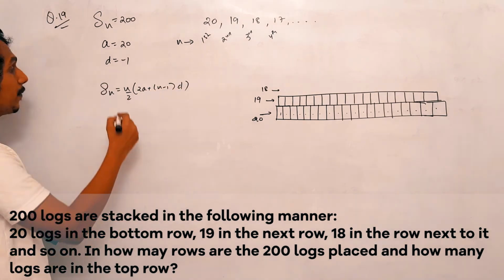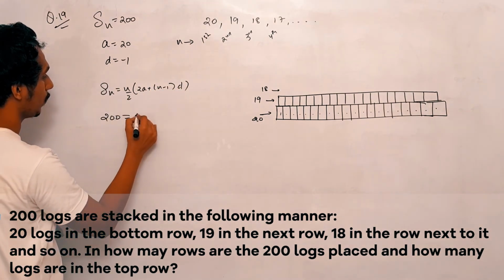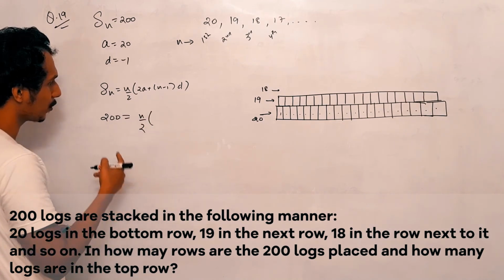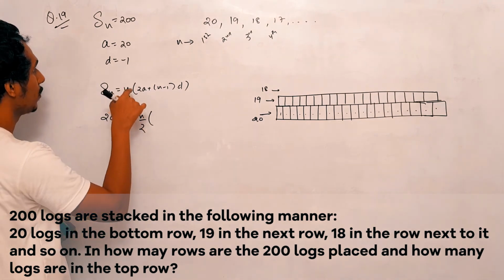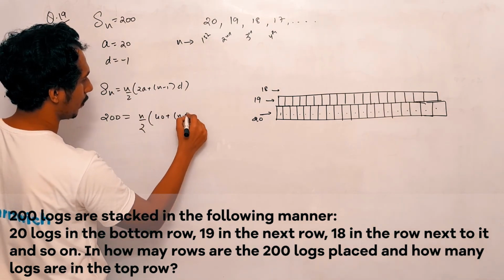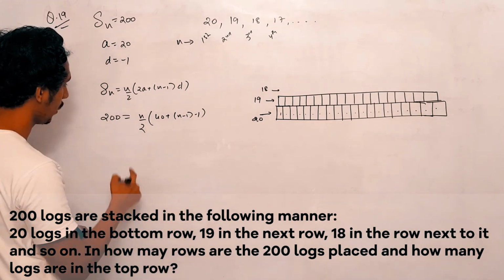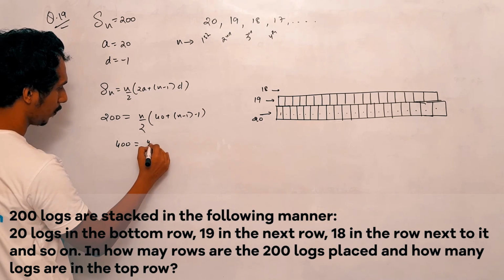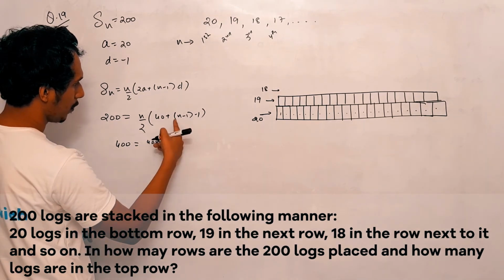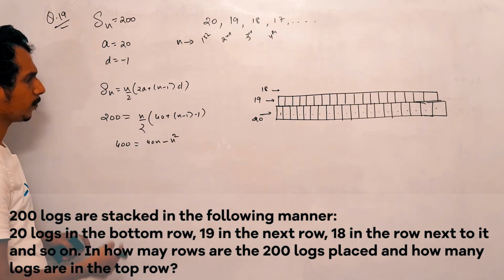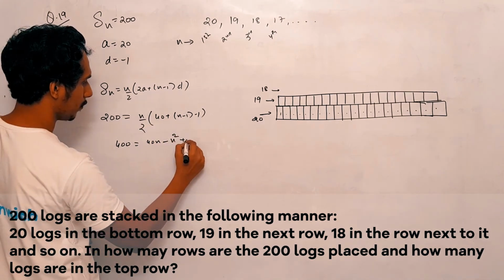Okay, what is Sn given here? 200 is equal to, I don't know n, I'm trying my best to find out n here. Okay, using this formula I'll find out, don't worry. So 2a is 40 plus n minus 1 into minus 1. Okay, so this 2 goes here, that will be 400 is equal to 40n minus n plus minus n into n is n square plus 1 into n is n.